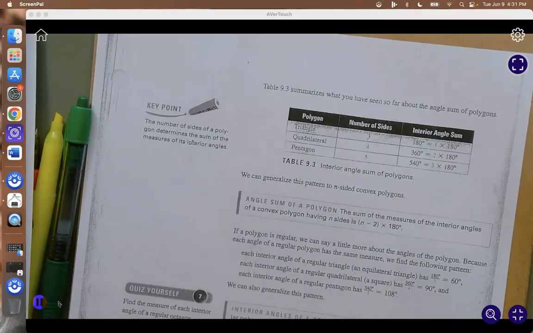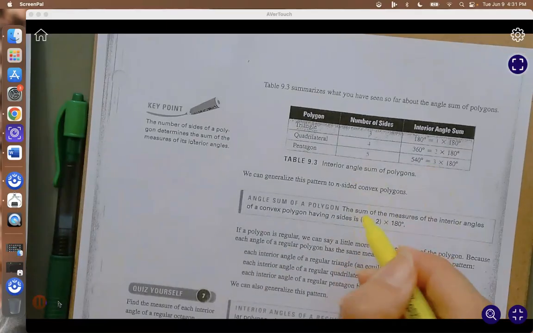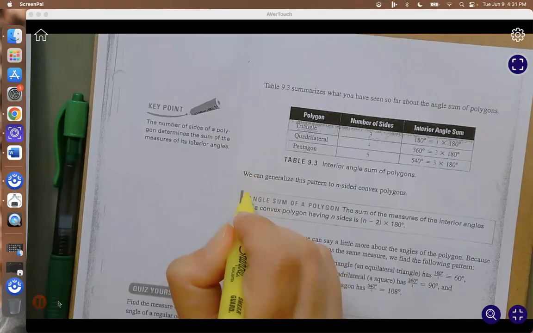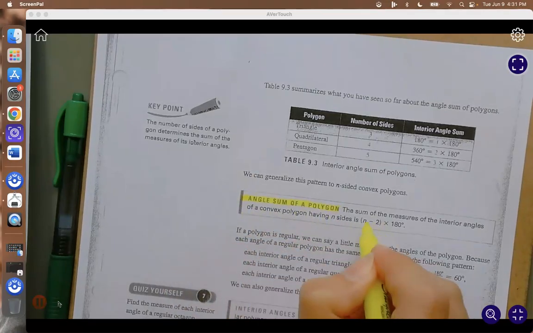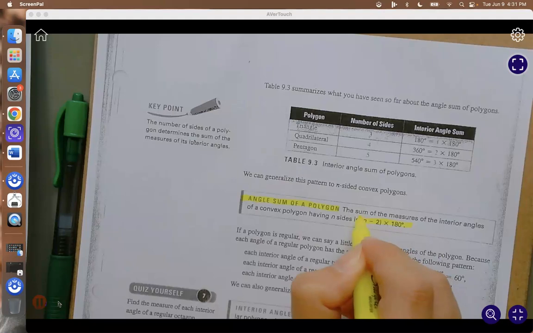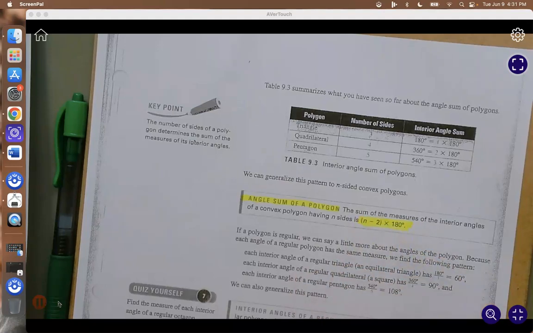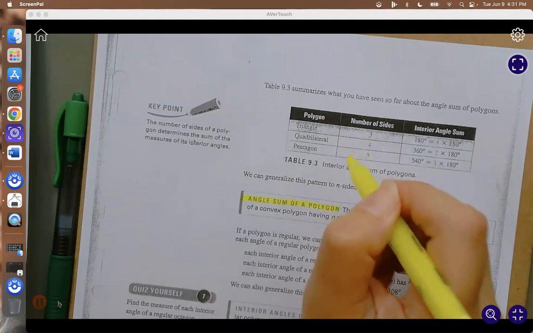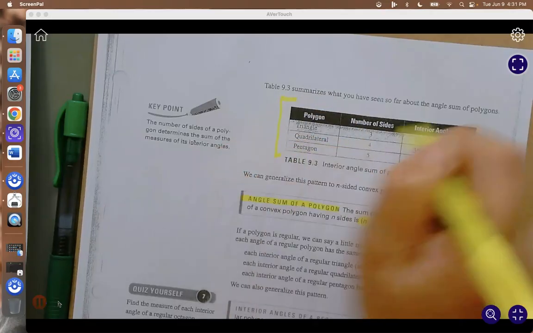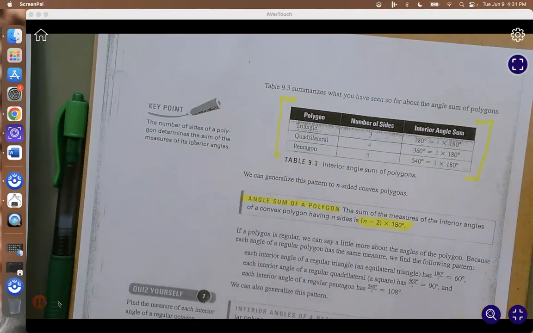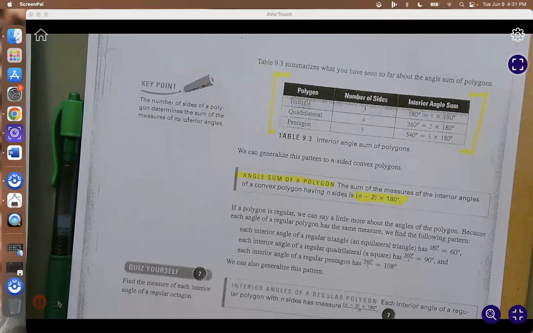Okay, so we generalize the angle sum of a polygon by saying the number of sides minus 2, times 180, gives us the interior angle sum. All right.